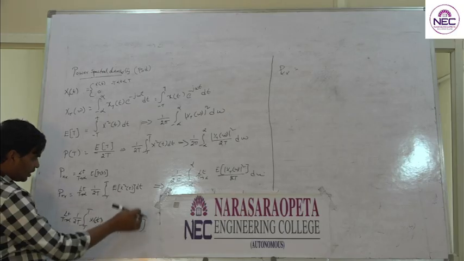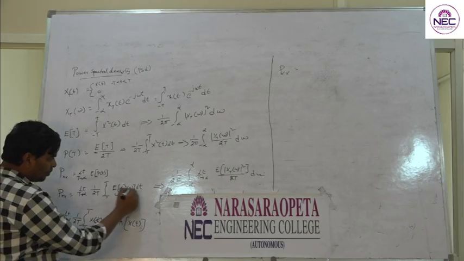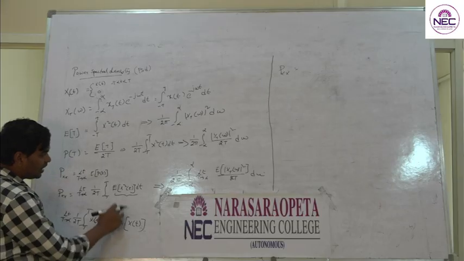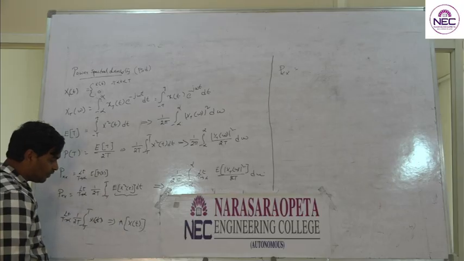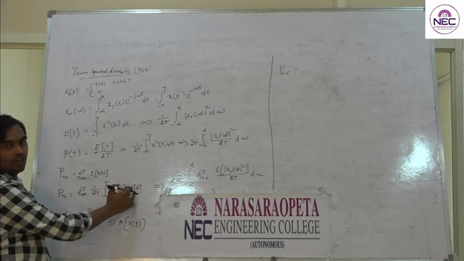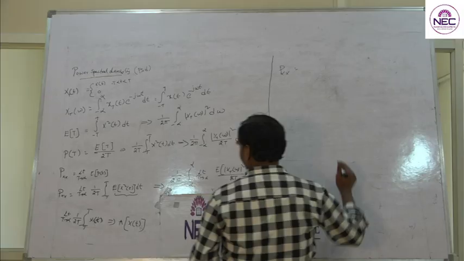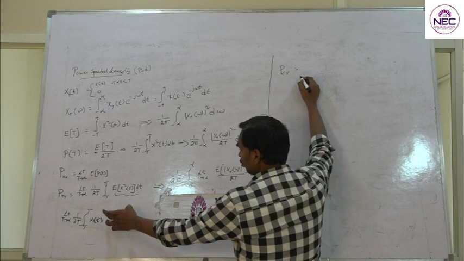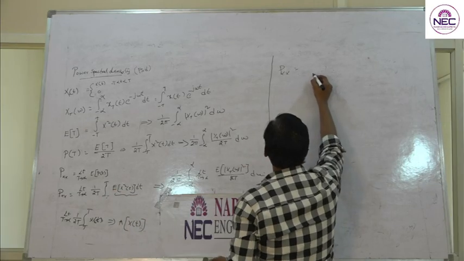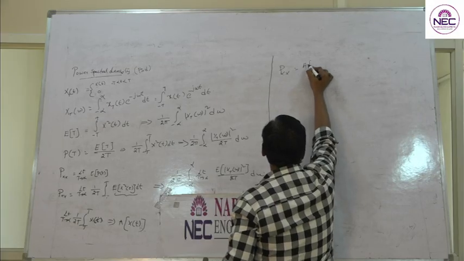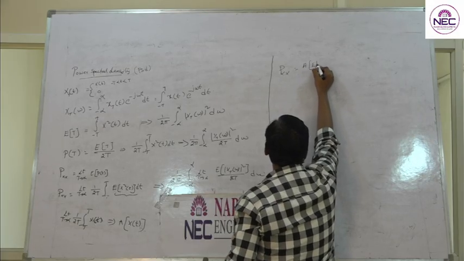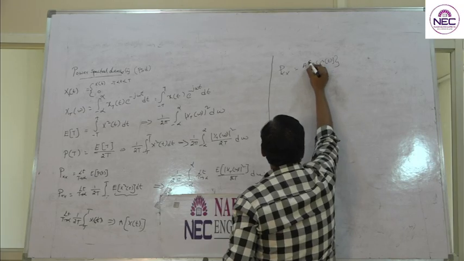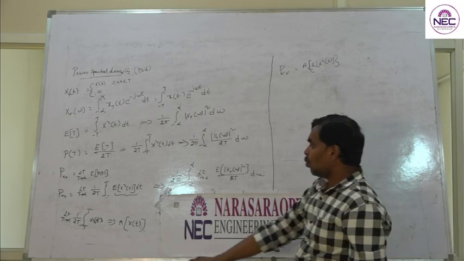So instead of x of t, what we are provided is E of x square of t. So how can we represent it? The time average of E of x square of t. So Pxx can be represented in the time domain as the time average of the expected value of x square of t. Okay, so this is one representation.